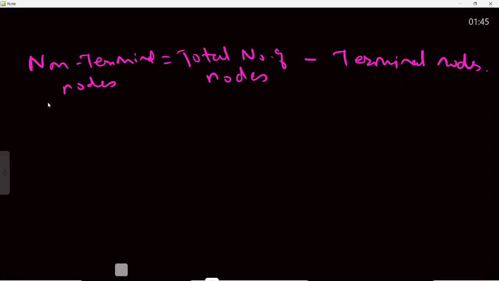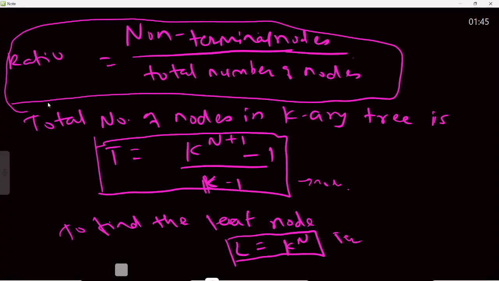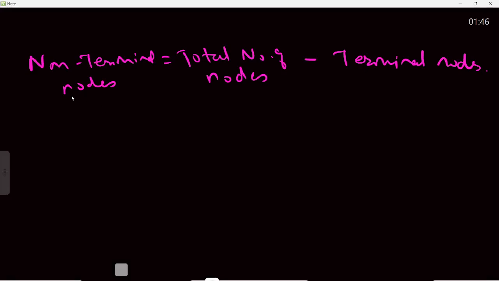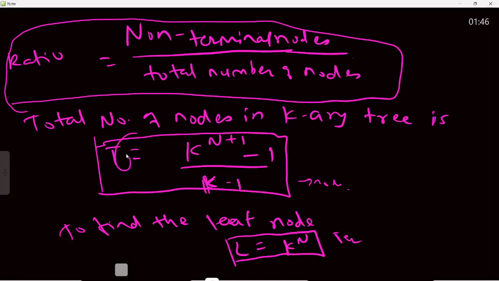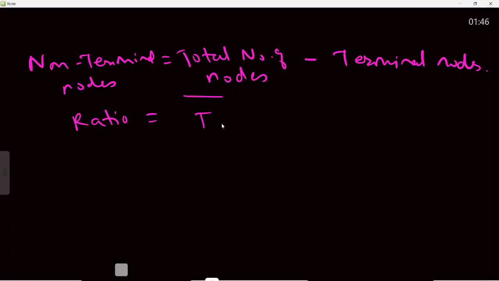Basically, ratio is equal to, we have denoted total number of nodes with T, and leaf nodes, that is terminal nodes, with L. So T minus L upon the total number of nodes, that is T. If we solve this further, we will get 1 minus L upon T, right?